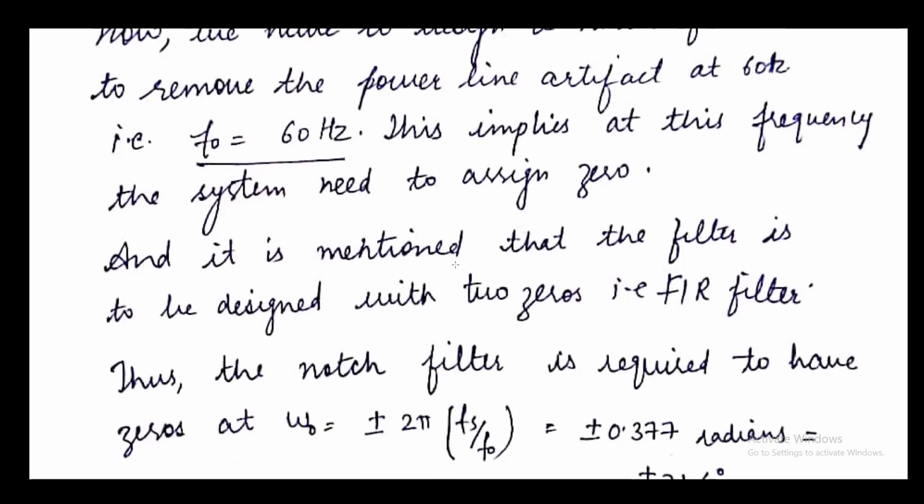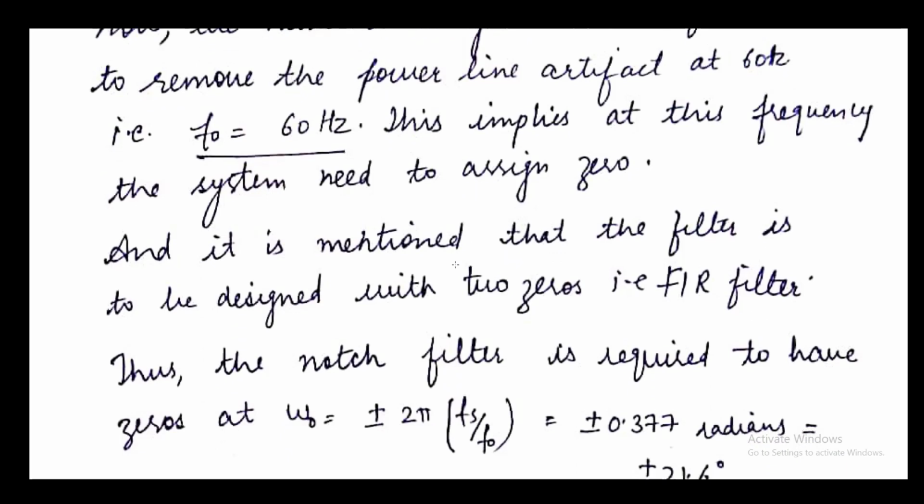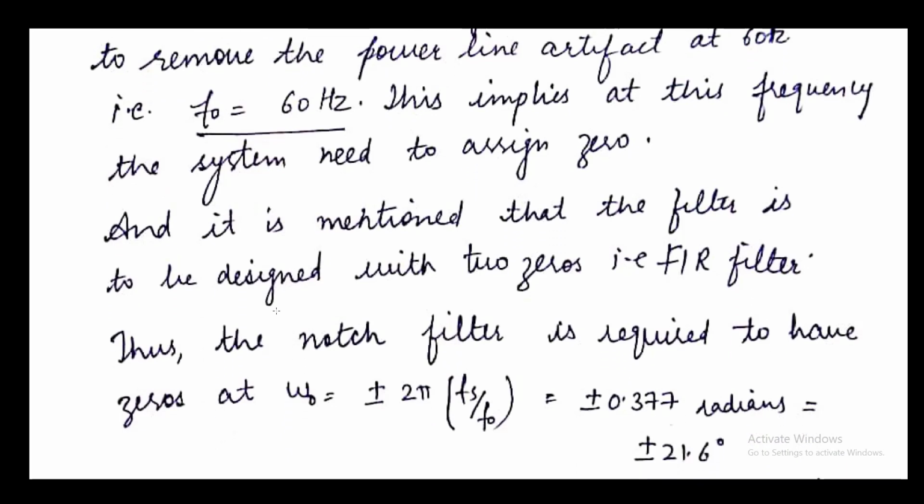Now, as we have seen, if we want to design a notch filter, how can we calculate that frequency in the digital domain? It is omega naught, which is plus minus, because we need two zeros, and those will be conjugate. So omega naught is given by plus minus 2 pi F naught by Fs.